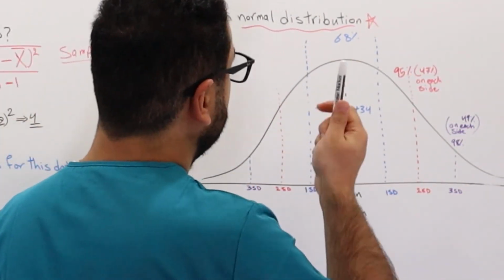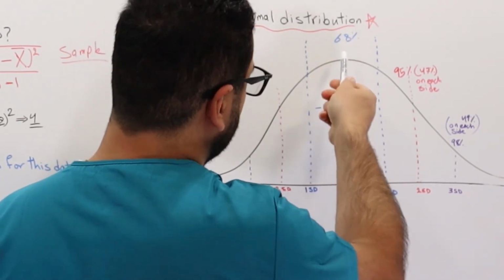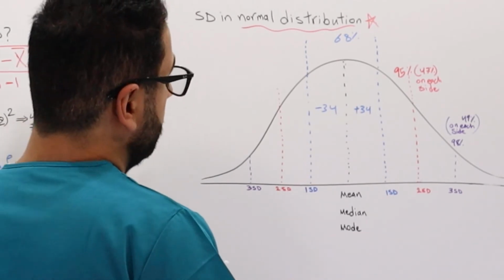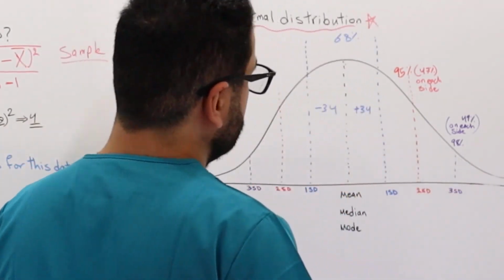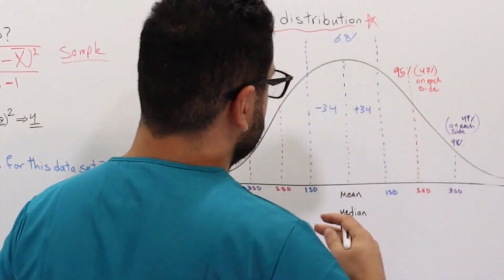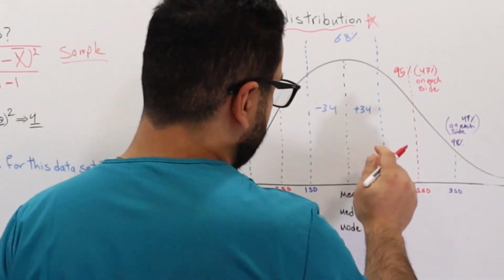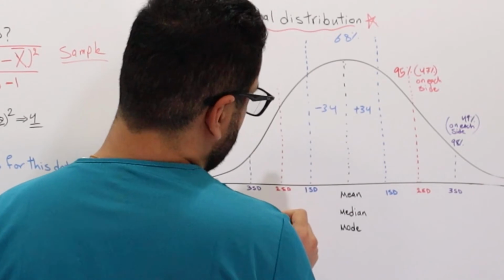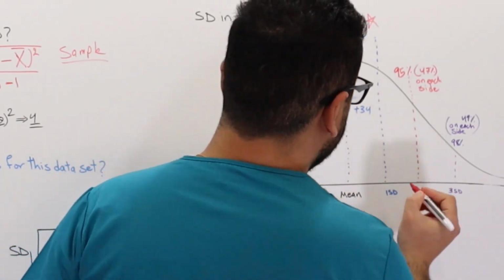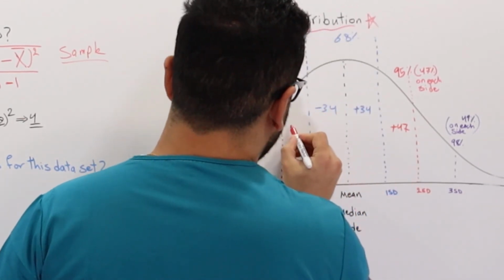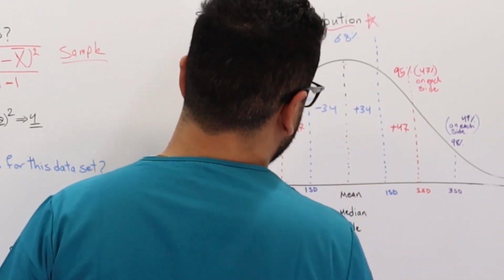So we said 68 individuals are within one standard deviation. Now, within two standard deviations, I said we have 95% of the sample, which means 95 individuals are within two standard deviations, so they are plus 47 or minus 47.